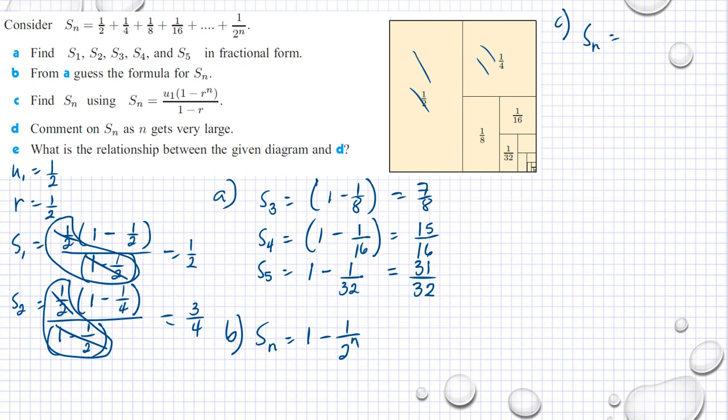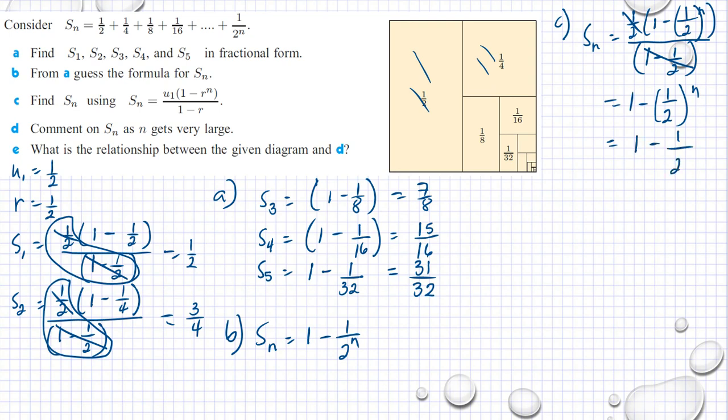Our S sub n is equal to u sub 1, that is 1/2, multiplied by 1 minus 1 divided by 2 raised to n, divided by 1 minus 1/2. And as we've seen, this is equal to 1. Then we have 1 minus 1 divided by 2 raised to n. We found this, and it is the same as this.